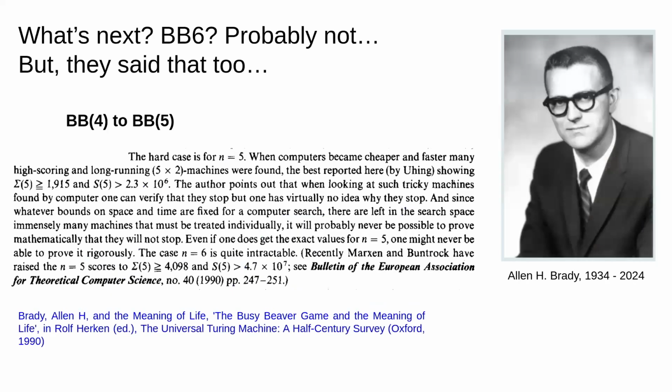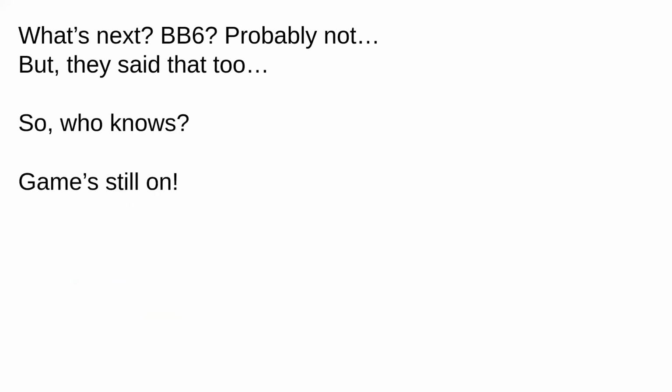And it repeated again: BB4 to BB5, the author that solved BB4 made a prediction. You just write prediction: we will never know the value of BB5. So to end on a hopeful note, I say we'll never know the value of BB6. And thank you very much for having us, and we'll be happy to answer questions as well.